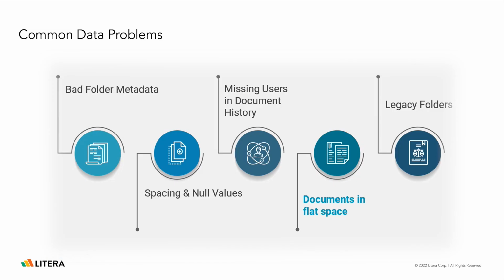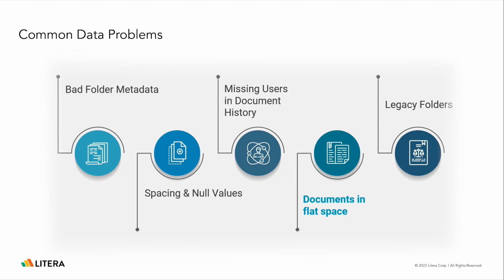The most common data problems are bad folder metadata, it's missing, things that should be secure are not secure, or they're in the wrong place. Spacing and null values, we actually take care of that automatically when we're synchronizing.